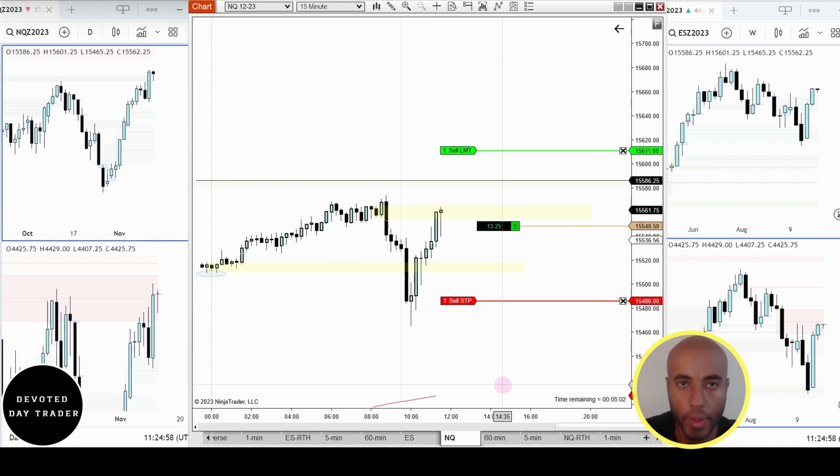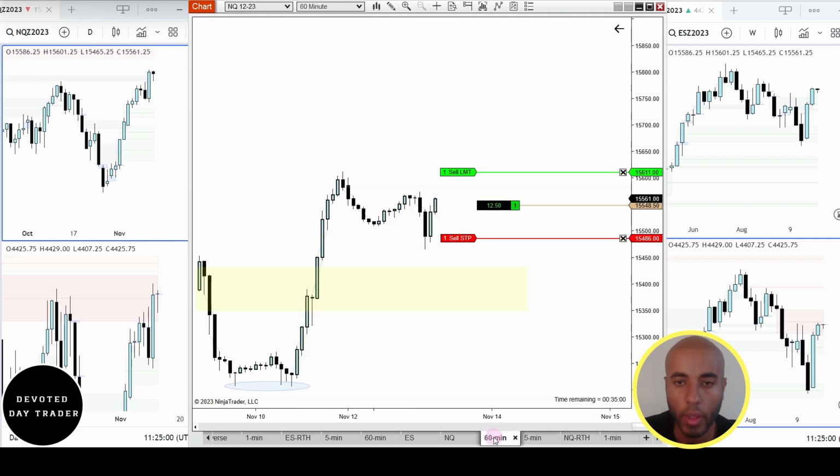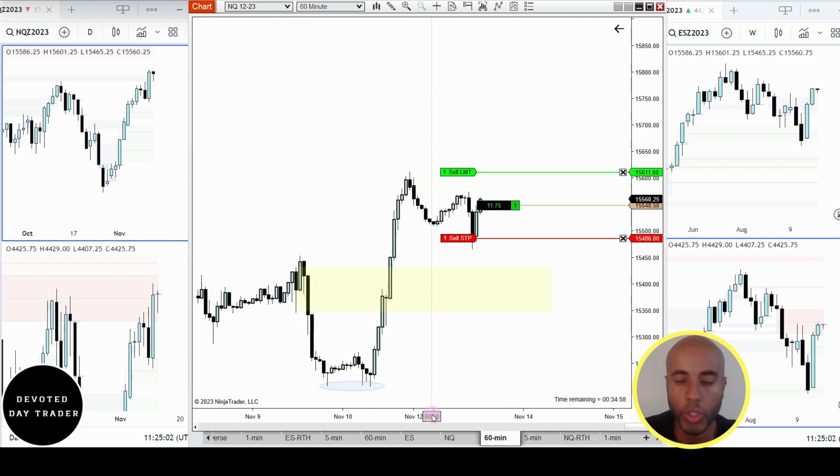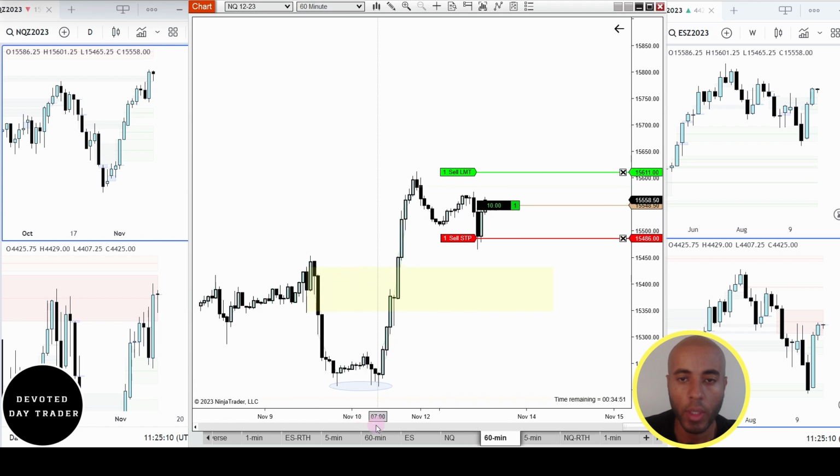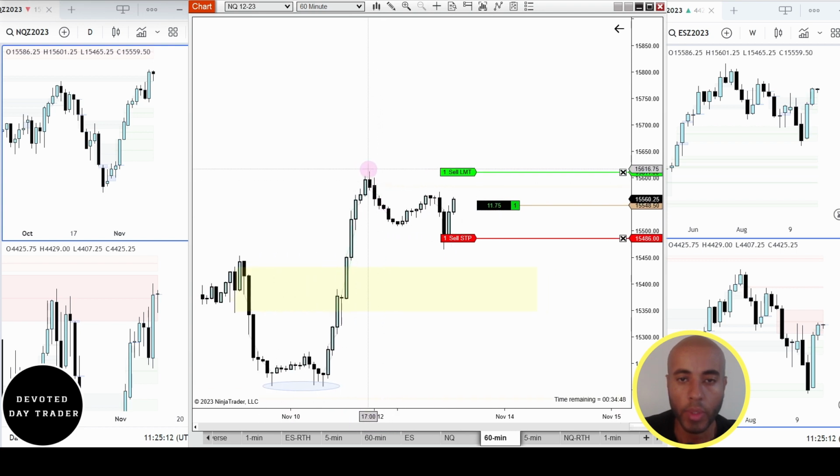On the 60-minute chart of NQ, we have this swing high right here, and it looks like there are a lot of stops here, people that went short, and it looks like the market wants to take out these highs.